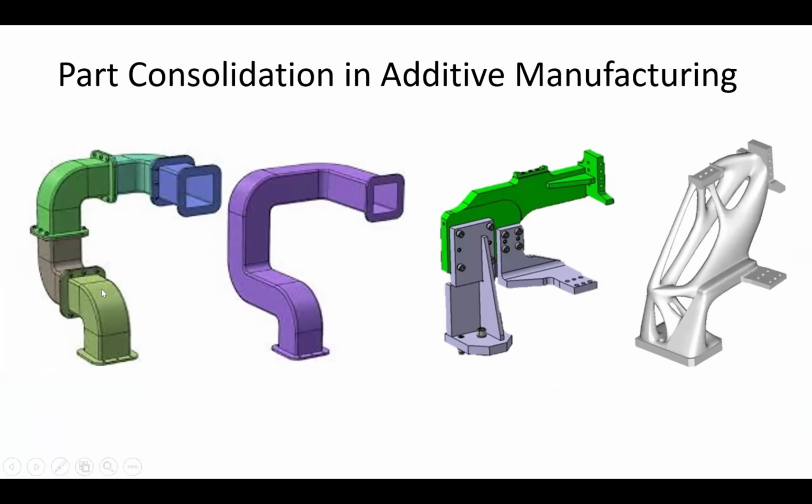See, we can consolidate different components into a single component using additive manufacturing. This is the most interesting advantage, where suppose you have 10 or 20 components in a product, using additive manufacturing you can combine all these components together.